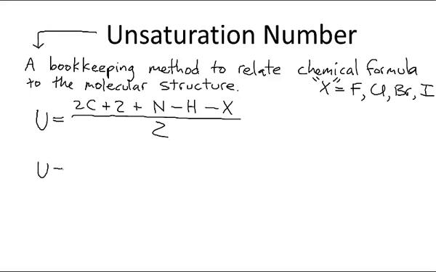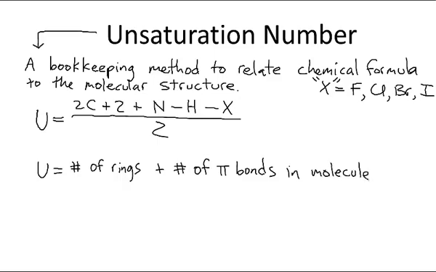Now, in terms of the structure, U tells us how many rings and/or pi bonds there are on a molecule. Pi bonds you'll learn more about in Module 5 if you haven't gotten there yet. But a pi bond is the second bond of a double bond or the second and third bonds of a triple bond.